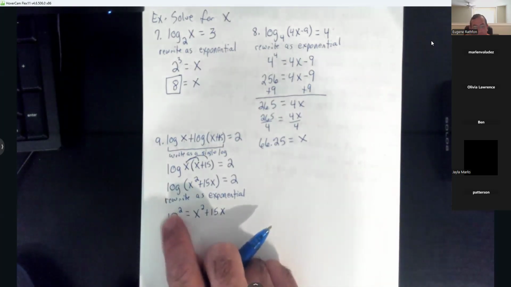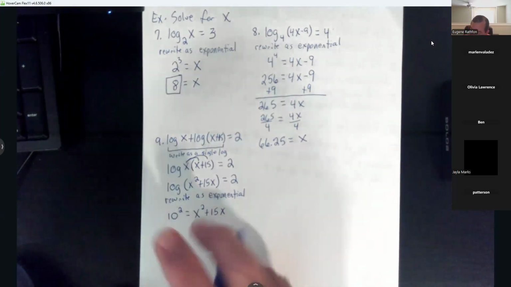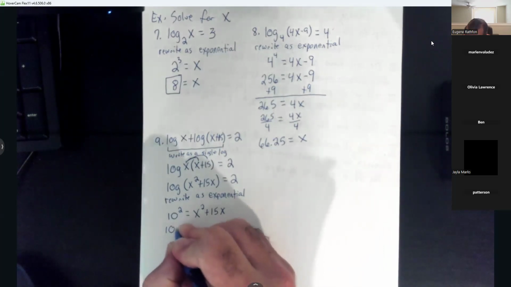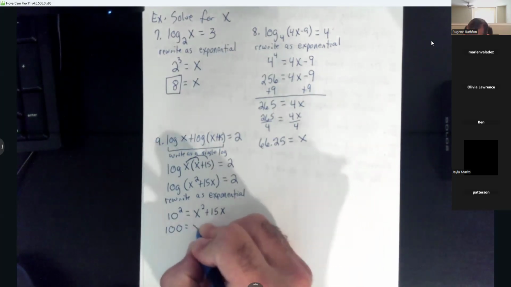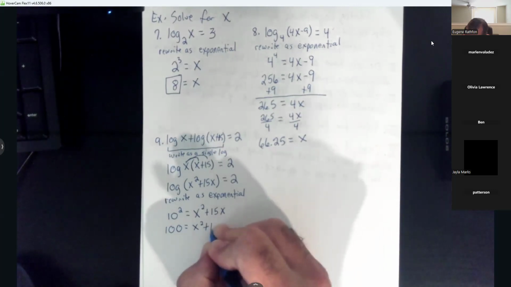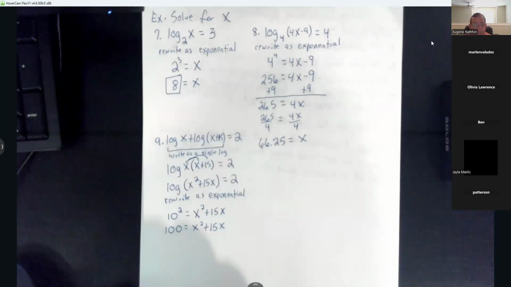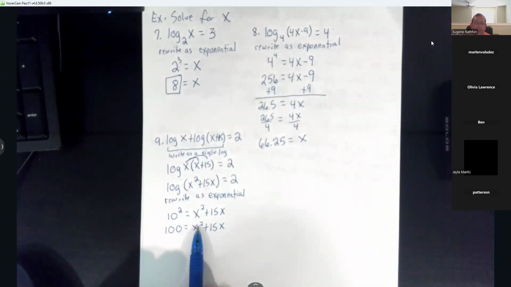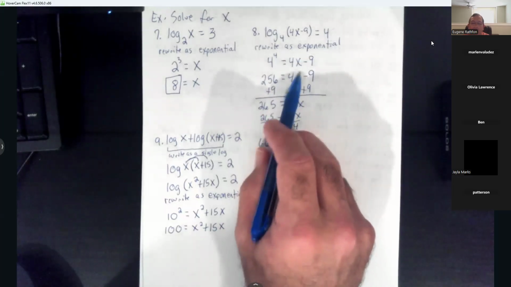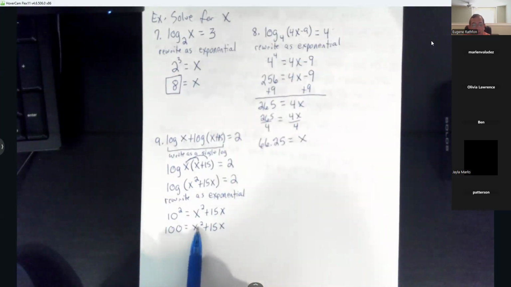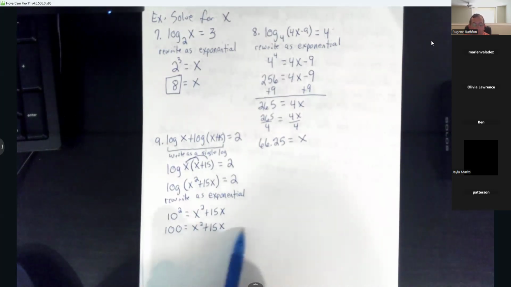All right, y'all. So the first thing is I'm going to figure out what 10 times 10 is, and that is 100. Notice up here, all you had was x's. Yo, that's an x squared. Since that's an x squared, I need a 0 over here equal to my polynomial.